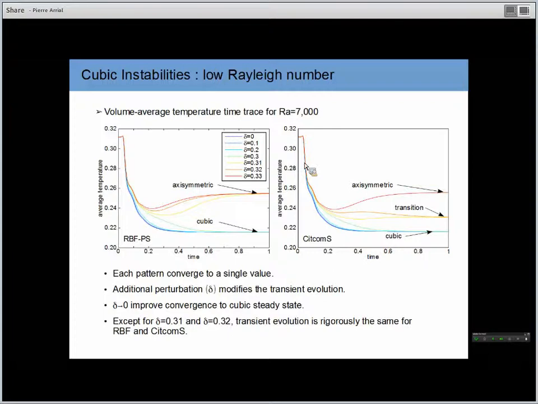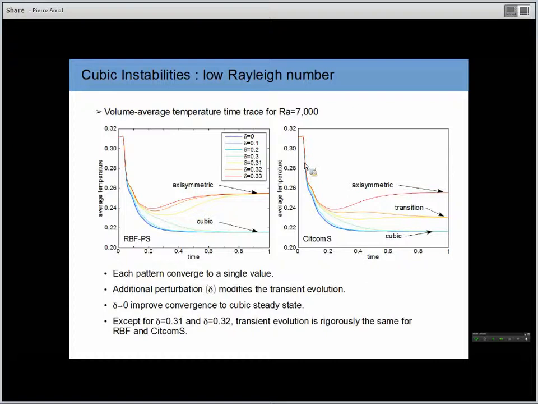I also just want to specify that for all conditions, the geometry of the sphere is going to correspond to an aspect ratio of the Earth, and we are using isoviscous in particular because the RBF couldn't model variable viscosity.